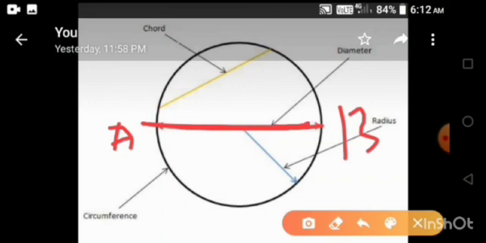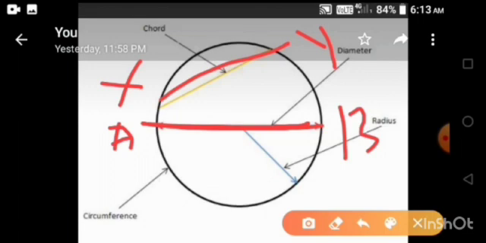The line segment XY is called a chord. The longest chord of a circle is a diameter, AB. The radius is always half of the diameter.